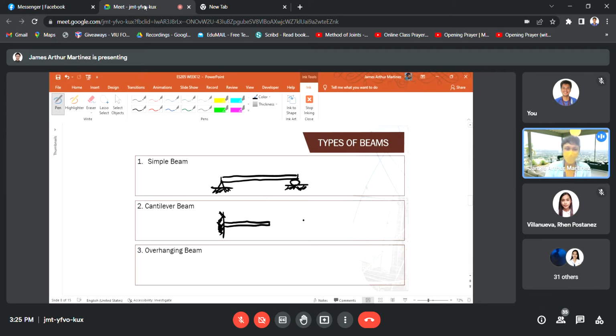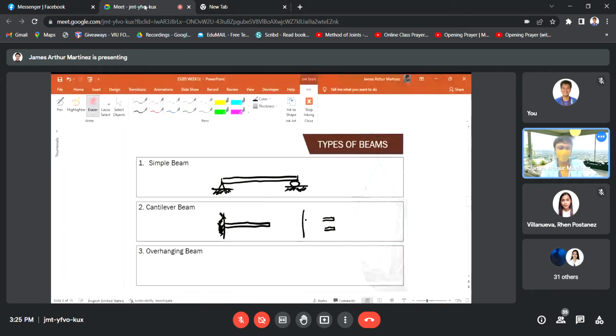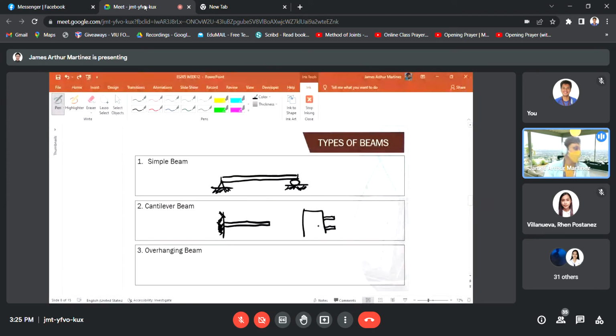Then one application of this, if you notice, in buildings or structures, are terraces that protrude, right? Terraces are made like that. Let's say, for example, this is a side view. So that is one application of a cantilever beam.